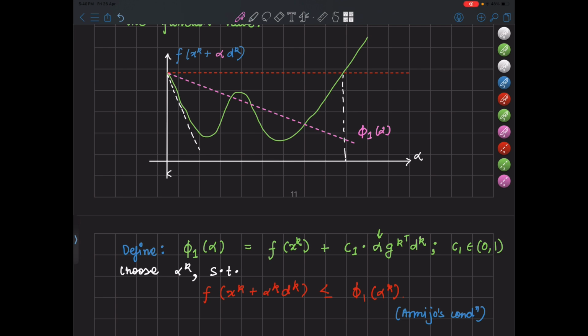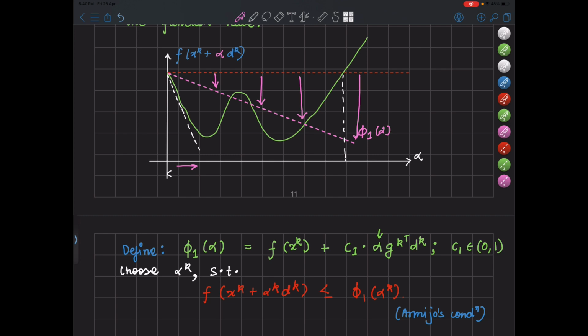So what does this say? As alpha increases, the decrement in the f value should also increase. That's what this condition is showing.